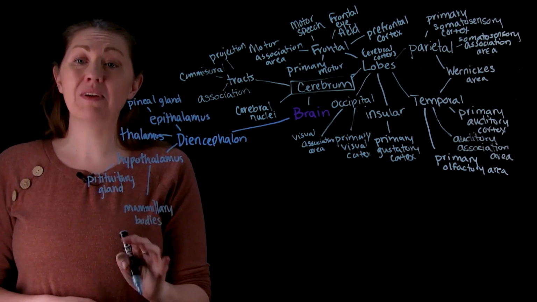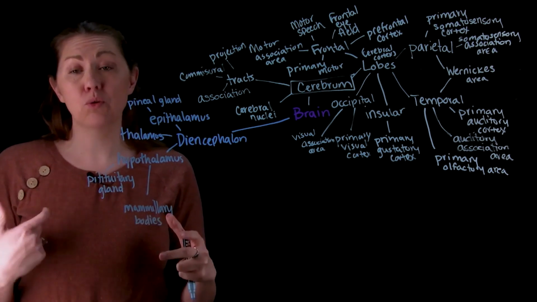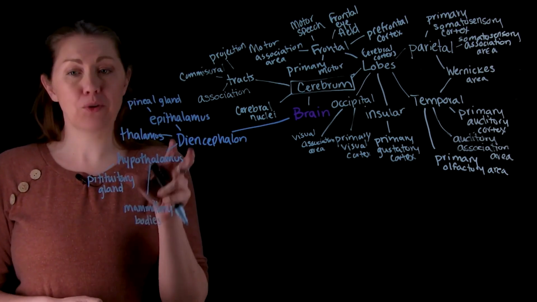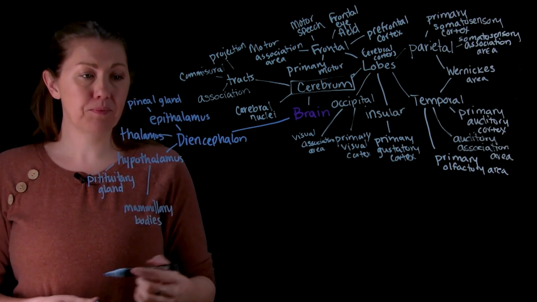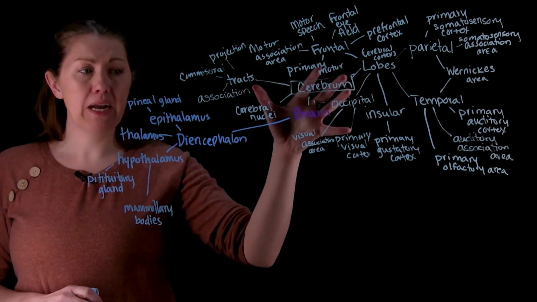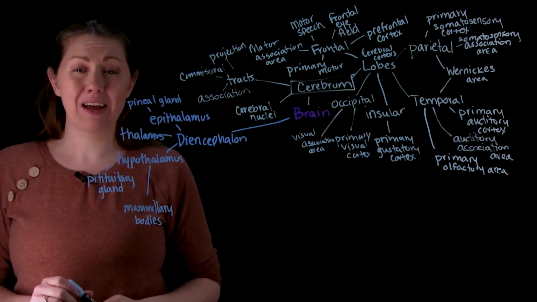Mammillary bodies deal with feeding reflexes. So the ability to swallow and eat is already ingrained as a brain structure, and you can automatically do it as soon as you're born. And so that walks us through the upper parts of the brain, and then we'll work our way through the brain stem next.